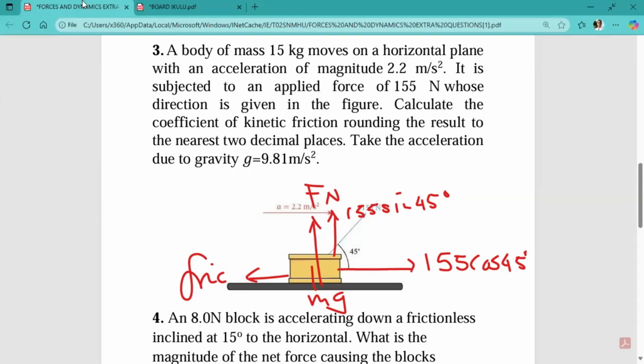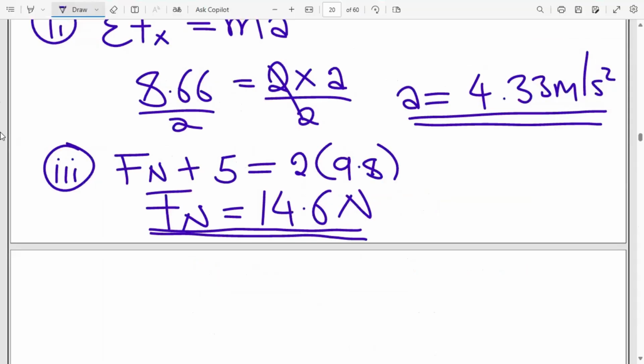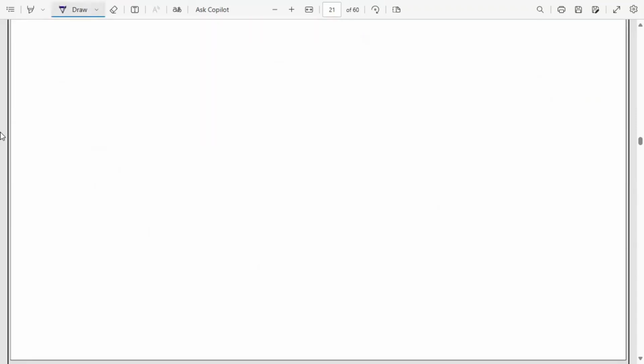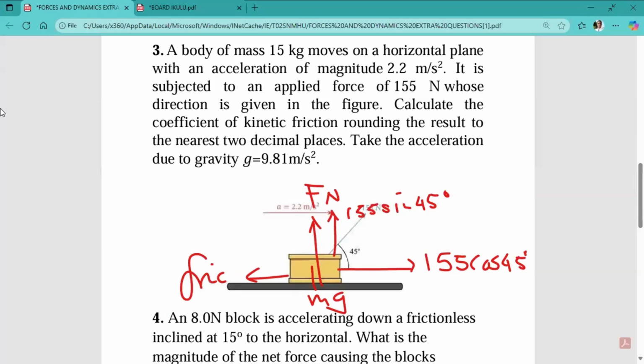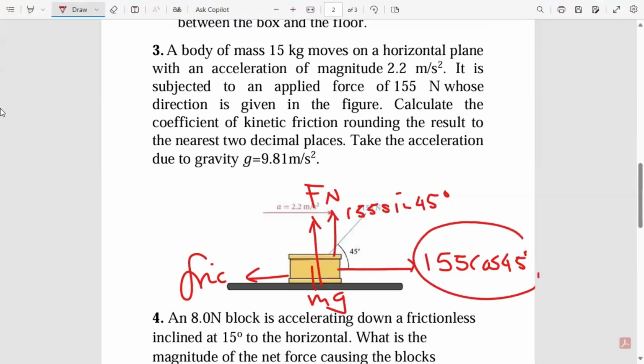So go to the blank board. This is question 3. We're going to say the summation of forces in the x will be equal to mass multiplied by acceleration. What forces do we have in the x? We have the force that is directly producing acceleration, which is the x component of the applied force, and we have the frictional force here.